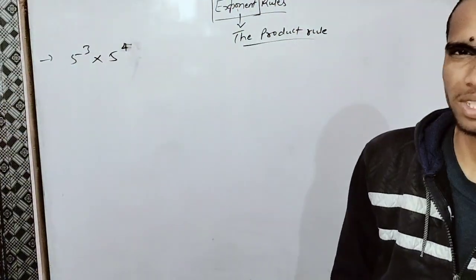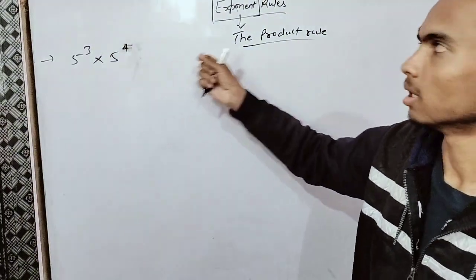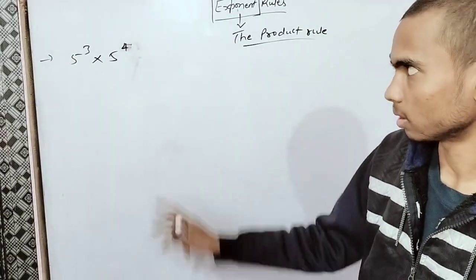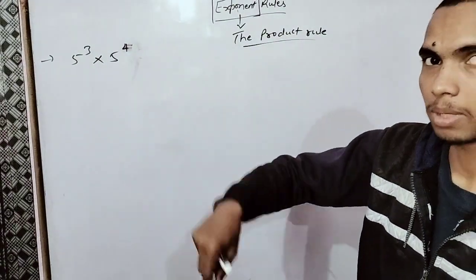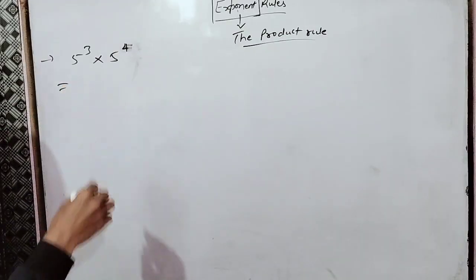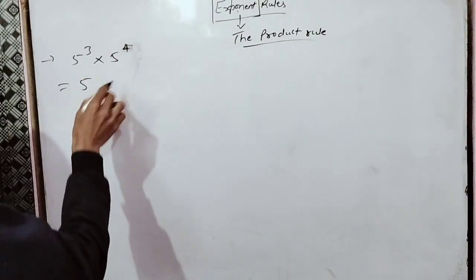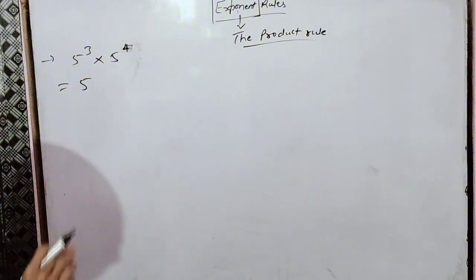So the base should be the same. Then it is possible to say that the product rule can be used here, if the base is the same. As we know, the base is common, so it is taken one time because the base is the same.